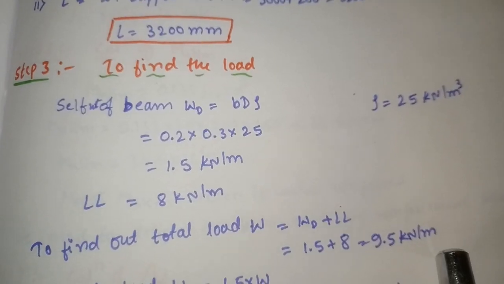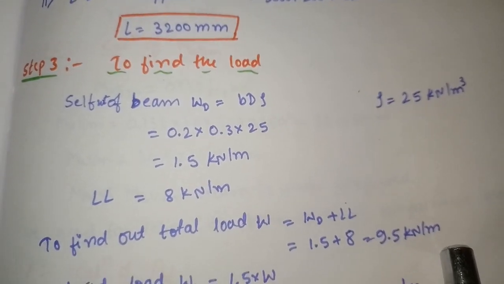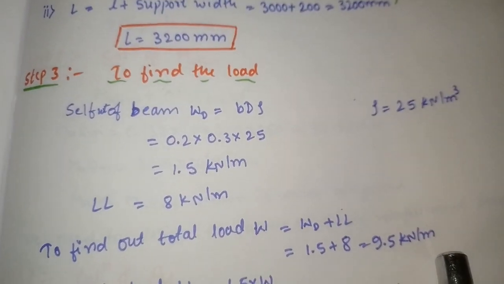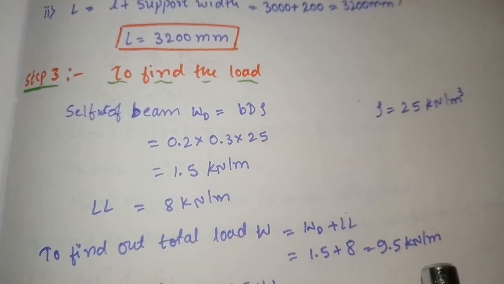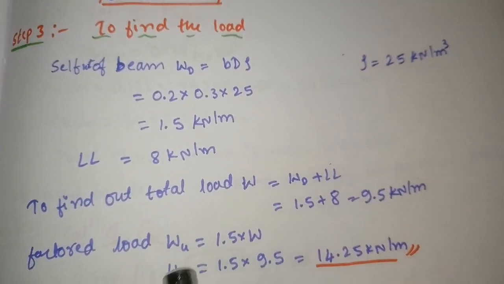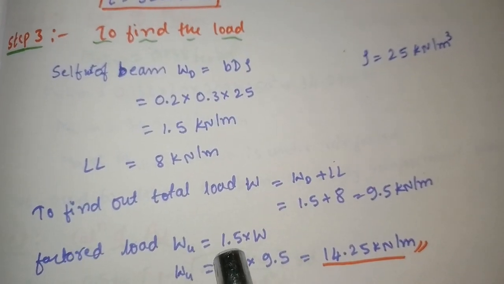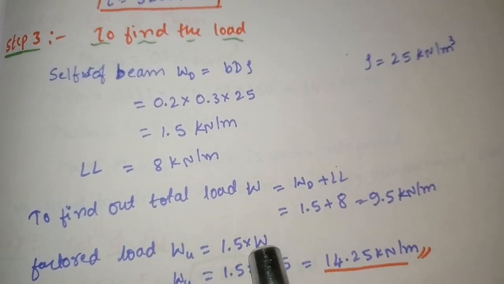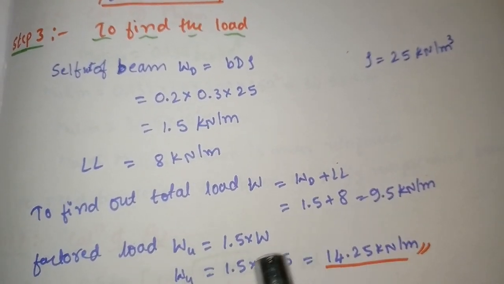After the calculation of total load, we'll go for the calculation of factored load, that is denoted as WU. For that we have the formula 1.5 into W. W is our total load which we have calculated now.